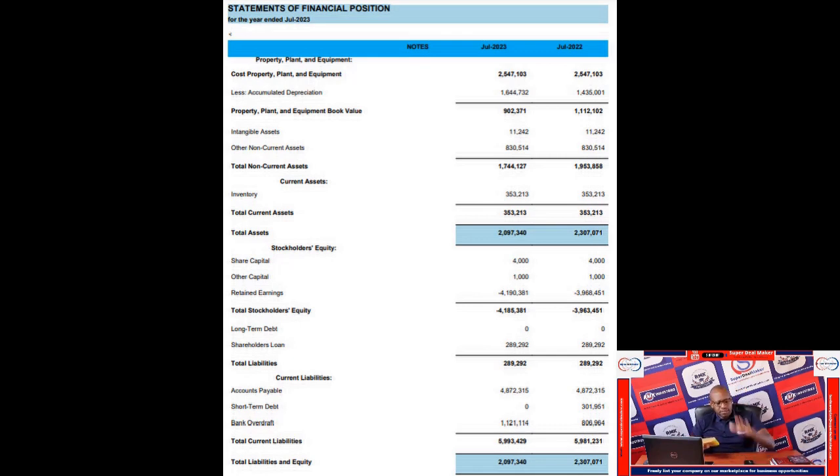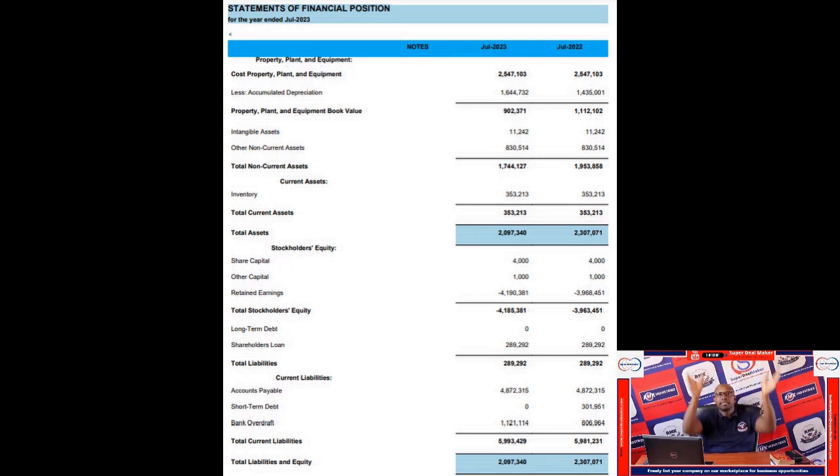Then these specs are your liabilities, and this is your equity. So this weight must always be equal to this weight. That's what the balance sheet does. That's how the accounting equation works: your assets must always be equal to your liabilities and your owner's equity. That's how you're supposed to interpret your balance sheet.